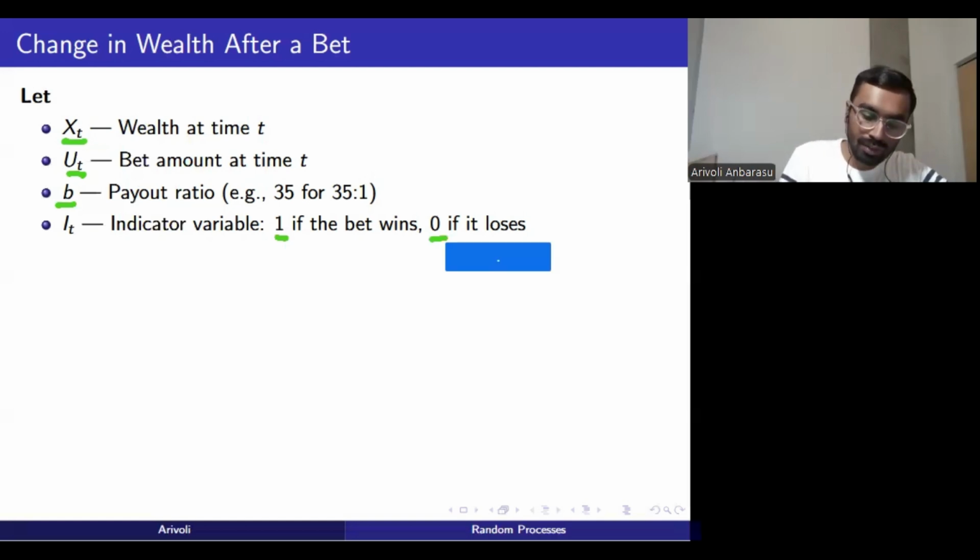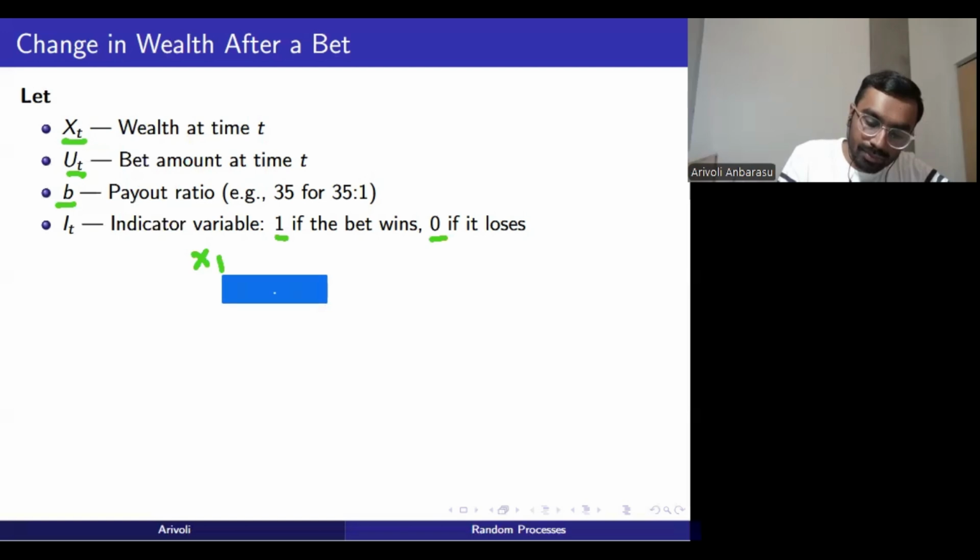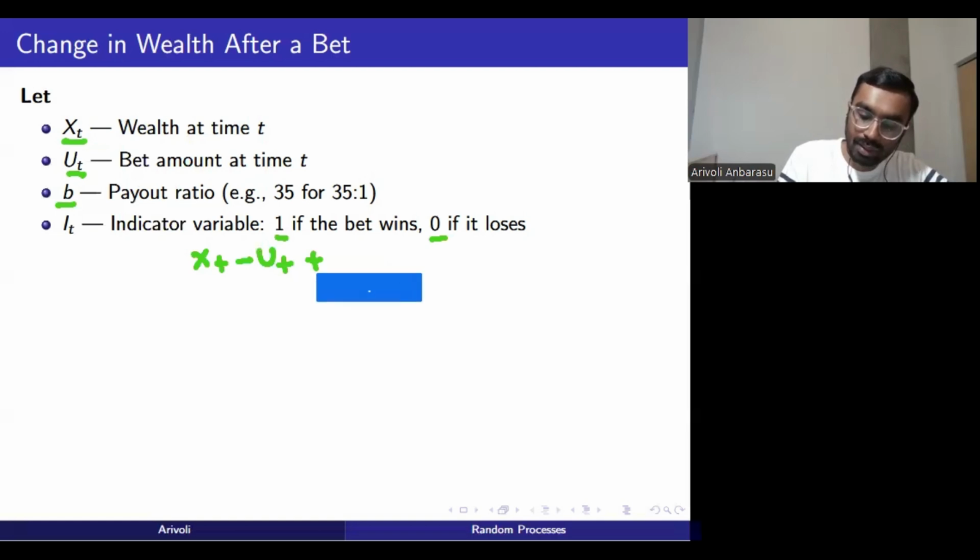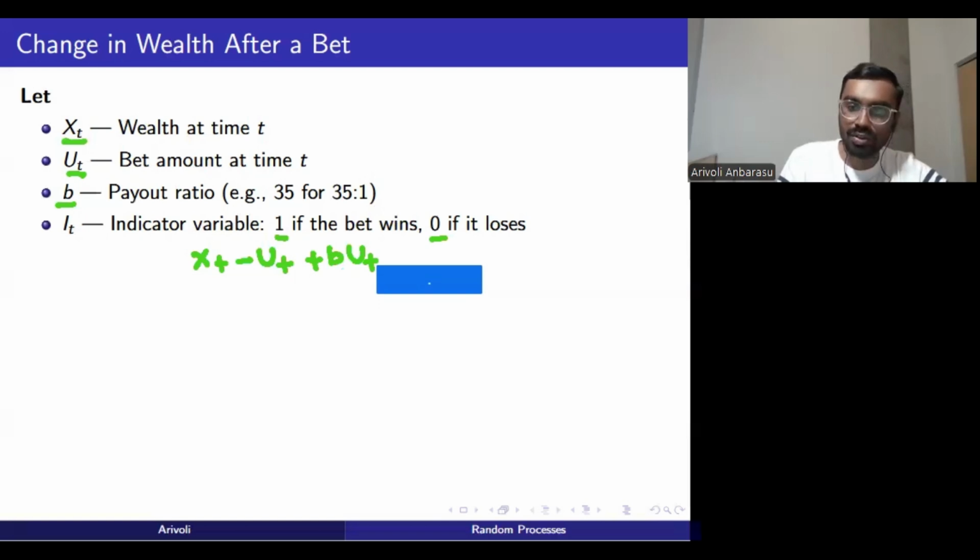So we have the wealth xt, then we place a bet ut, so we are subtracting it. And if we win, we get a payout times the bet amount. And if we lose, we don't get anything and we lost the bet amount. So we multiply it by it.